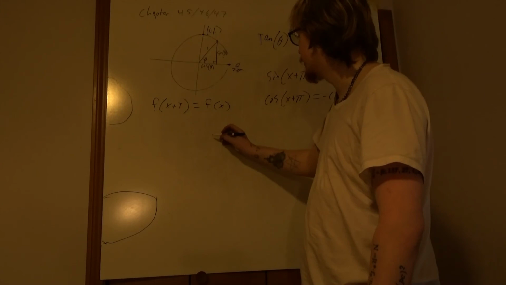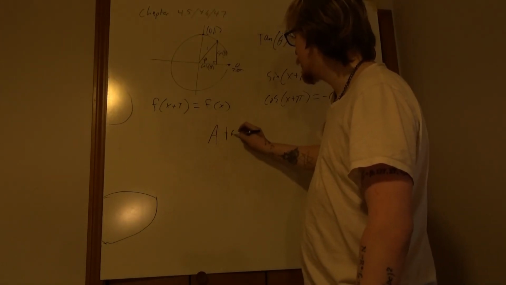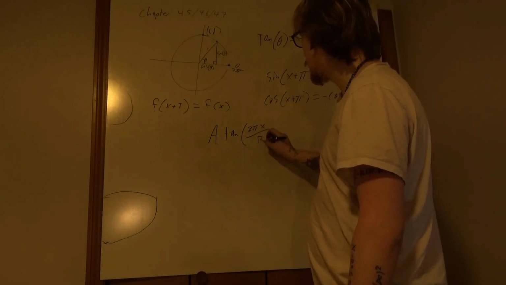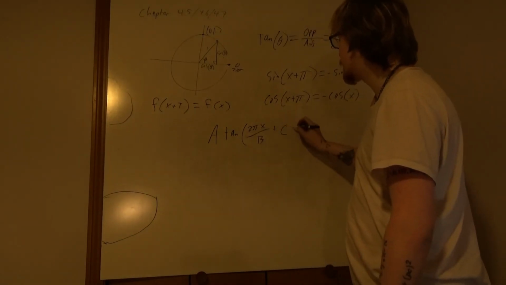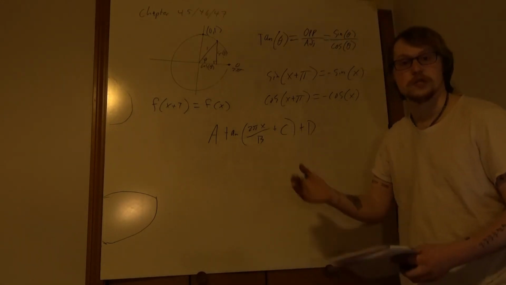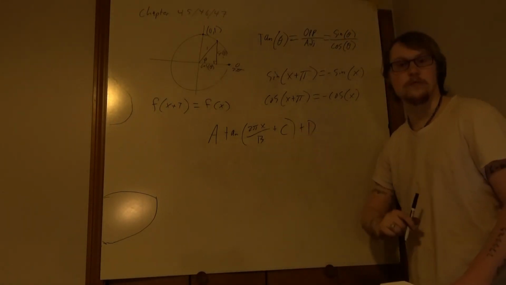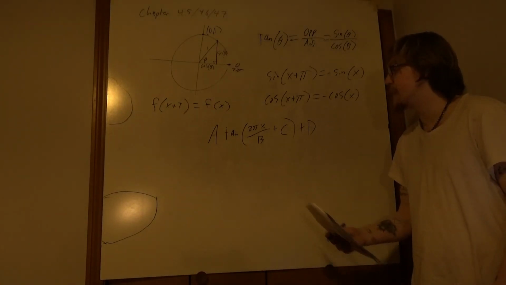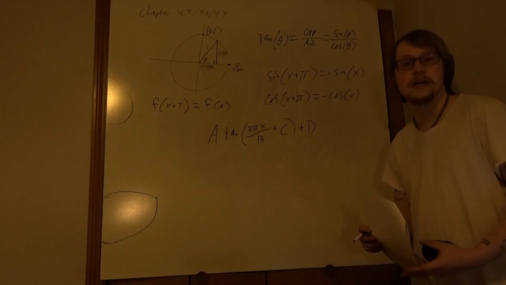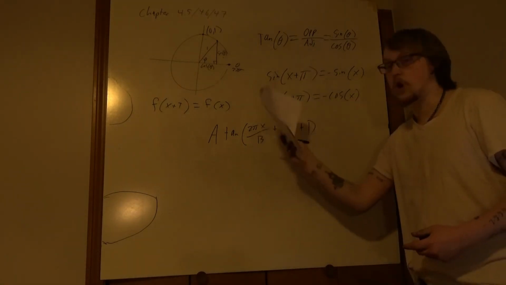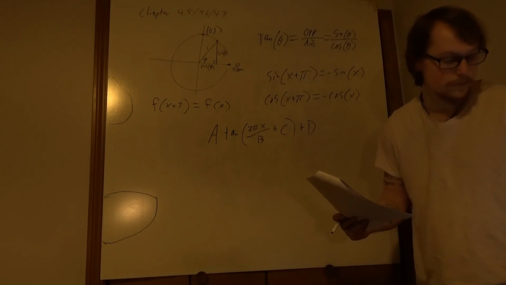So the general formula for tangent is still a times tangent of 2 pi x over b, the period, plus c, the phase, plus d, the vertical shift. This is still the general formula for all tangent functions, basically because you can define any tangent function as a ratio of sine functions and cosine functions. So they're all going to wind up being the same thing.